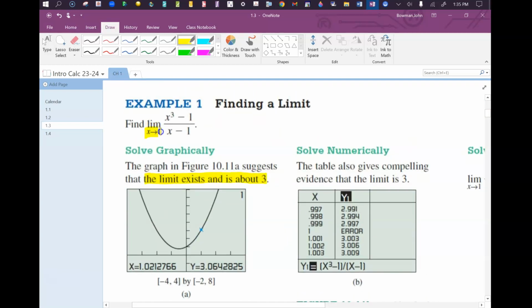Well, first of all, we're interested in the limit as x approaches 1 of the function x cubed minus 1 over x minus 1. Below is a graph of that, and what you will see, as x approaches 1 from the left and the right, is that y, or f of x, approaches a value of 3.